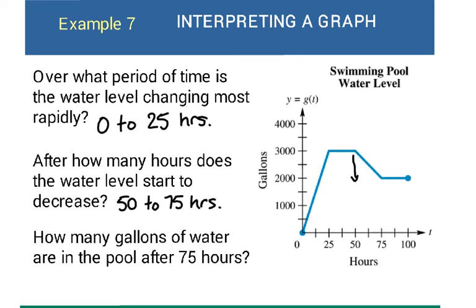And then how many gallons of water are in the pool after 75 hours? So figure out that. It is 2,000 gallons.